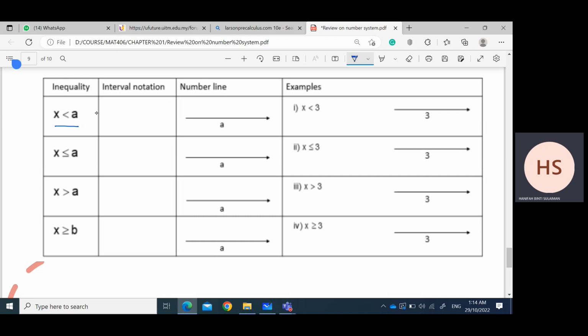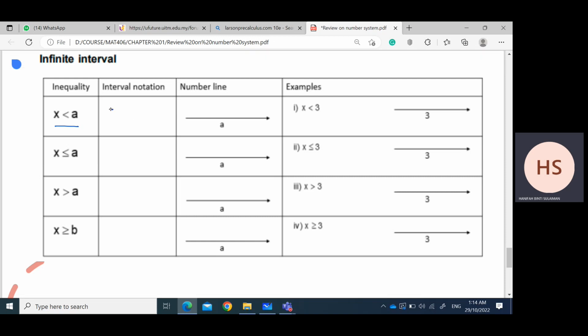So for interval notation, ikut tips dia, kita akan tulis yang paling minimum. So untuk minimum dekat sini, kita katakan adalah negative infinity. Sebab dia kata X is less than A. Kalau you nak form into number line, okay. So this is the value of A. So the value of X is from A and it goes to the left.